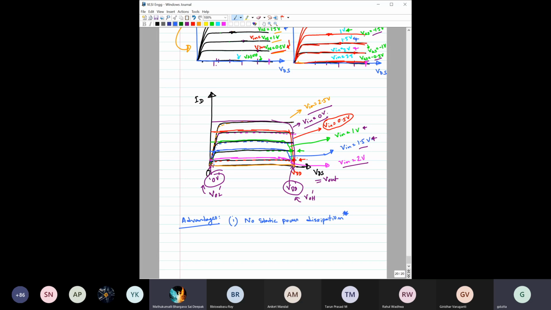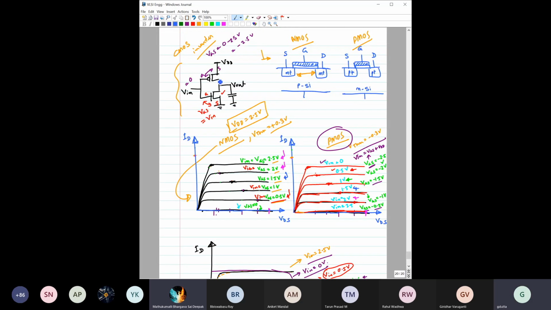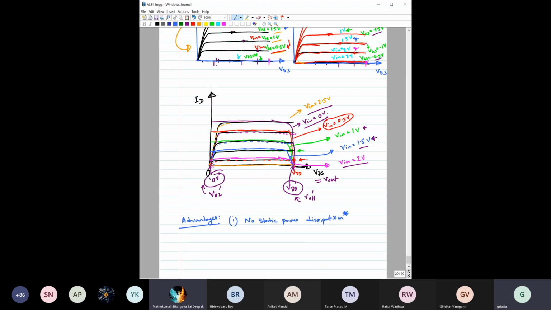We say transistor leakage current is 0 for ideal transistors, but that is not actually the case. Practical transistors do have leakage current. So considering that, when you keep the input at 1 or 0, there will be a very small amount of power dissipation even when you are not switching. Okay, so that gives rise to some static power dissipation, but it is not due to a direct path between VDD and ground. Okay, so no static power dissipation, number one.